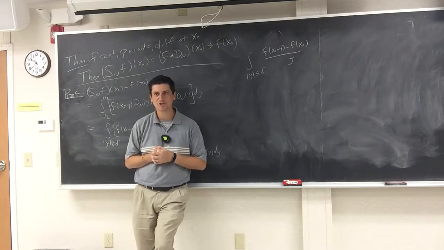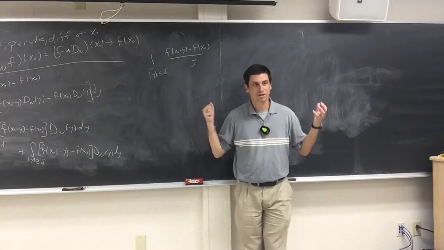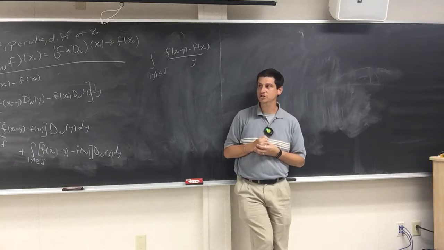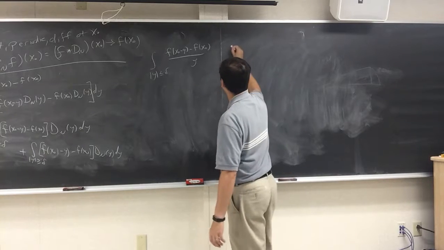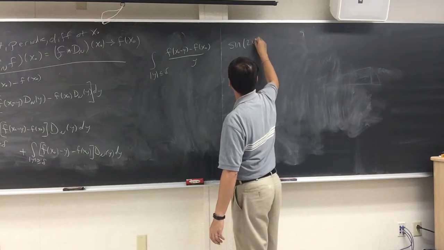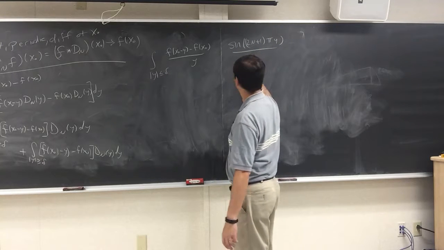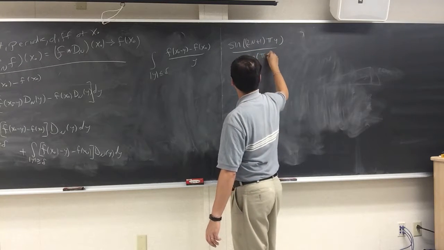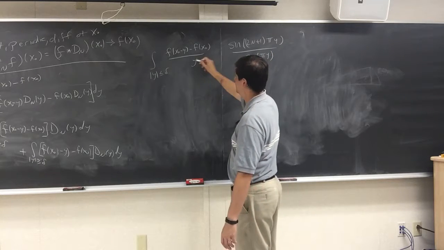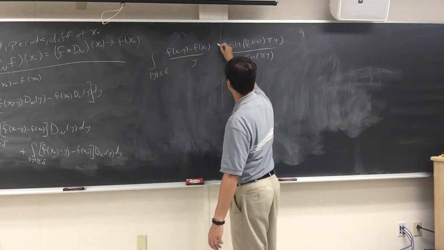Do we have an approximation to the identity? No. What do we have? We have the Dirichlet kernel. At some point, we're going to need to use the fact that this is what the Dirichlet kernel is. So we will multiply by the sine of (2N plus 1) pi y over the sine of pi y. And since I multiplied by y down below, I've got to multiply by y upstairs.